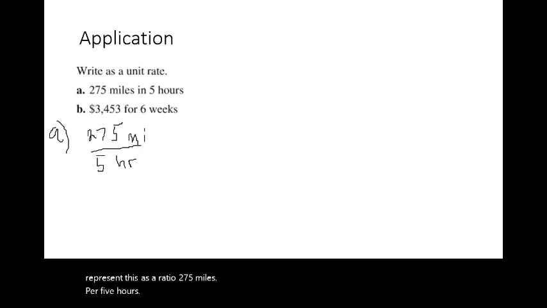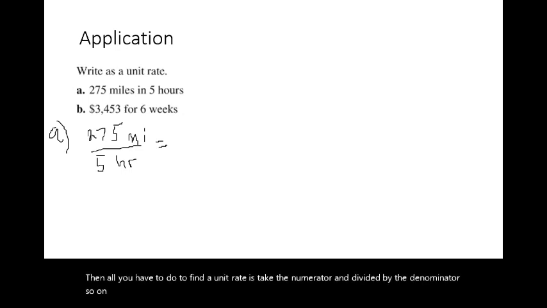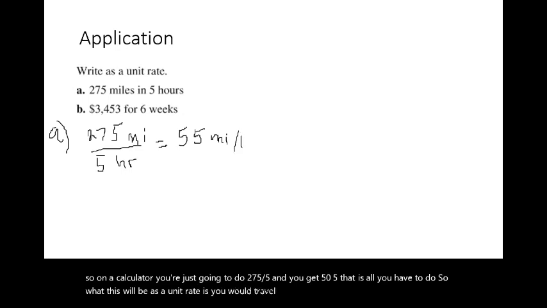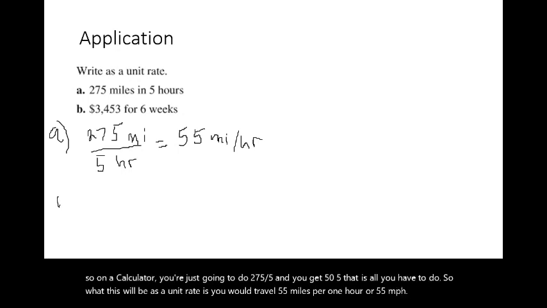Then all you have to do to find a unit rate is take the numerator and divide it by the denominator. So on a calculator, you're just going to do 275 divided by 5, and you get 55. That is all you have to do. So as a unit rate, you travel 55 miles per 1 hour, or 55 miles per hour.